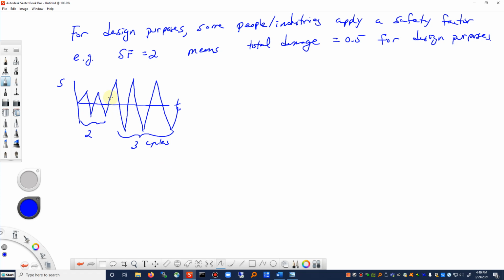What we would do, the total damage per block, would be the damage per cycle at stress level 1. So let's make it clear that's an amplitude.